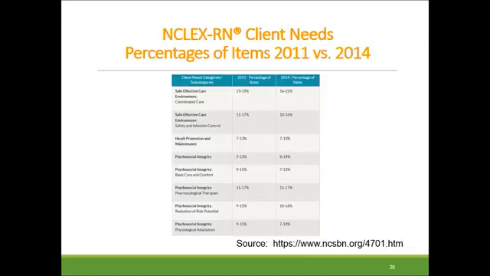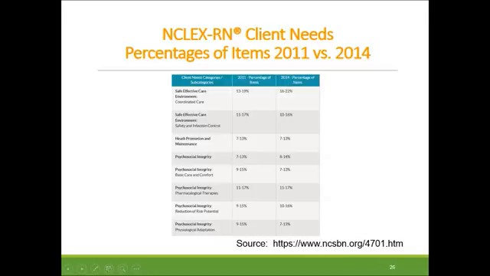The other thing I would emphasize is that if you are really focused on incorporating the NCLEX client needs as important categories within your teacher-made test, just as they appear on the NCLEX, you need to be aware of the alterations that have happened between 2011 and the current 2014 test plan for this exam.